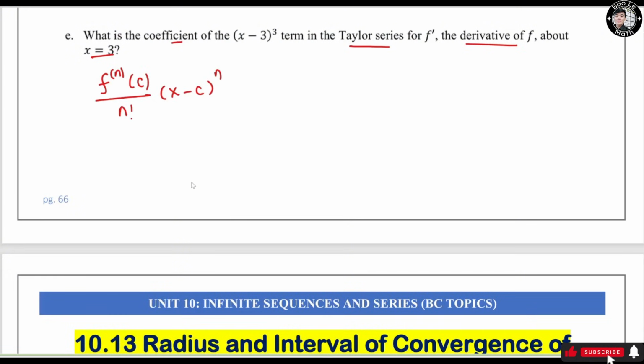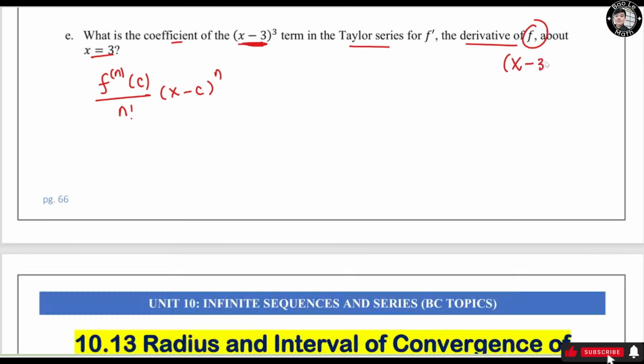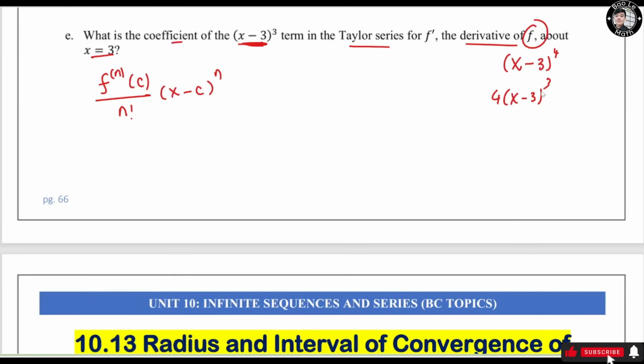So we have, now observe that this is the derivative of the function f, right? So in order to get this, the function f must have the s minus 3 to the power 4 term, right? So when you take the derivative, you're going to use the power rule. So it could be 4 times s minus 3 to the power 4 minus 1, which is 3, right? So n in this situation must be 4, right?